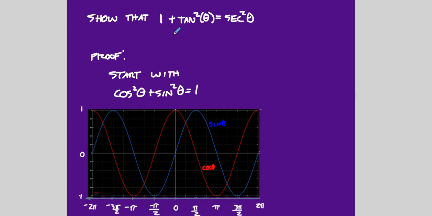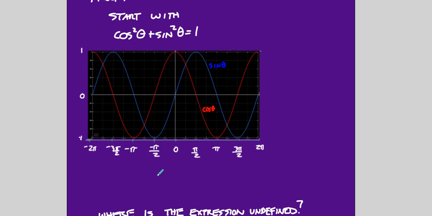Okay, so now let's show that 1 plus tangent squared theta equals secant squared theta. So we're going to start with, again, cosine squared theta plus sine squared theta equals 1. What I'm going to do here is divide everything by cosine squared theta.